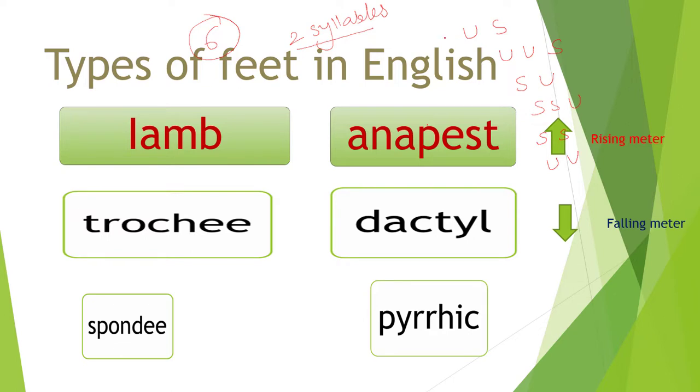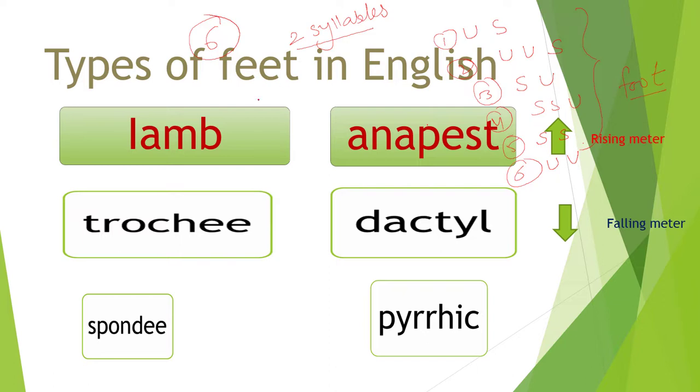So the pattern is of 6 types. We have 6 types of these patterns of foot. All these types of patterns are called foot.